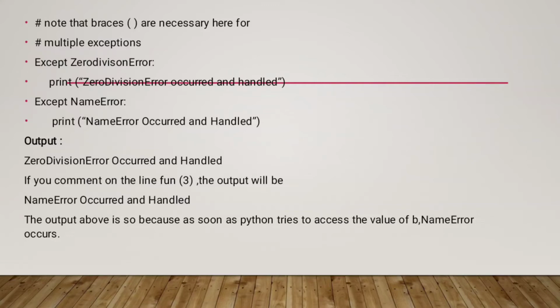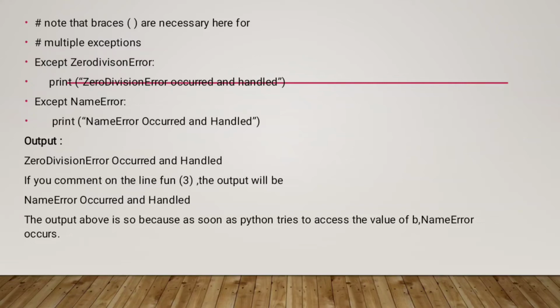So here, if you remove the fun(3) line in the code, you will get another output, another error: NameError occurred and handled.